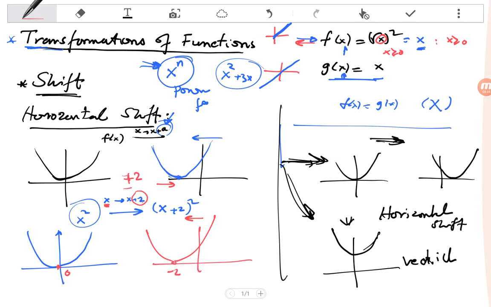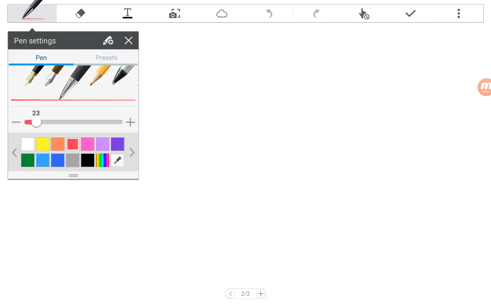So if I needed to make a graph of this function, x minus 1 all to the power 3, starting from x cubed.